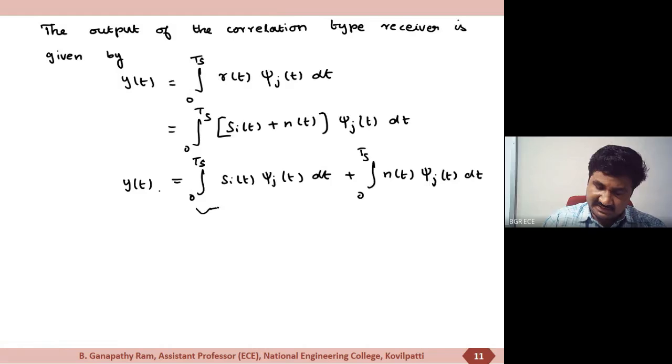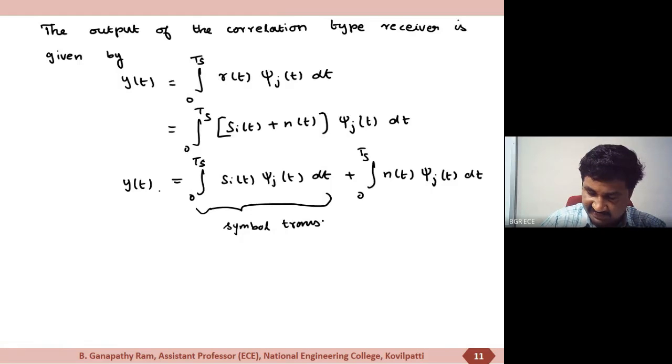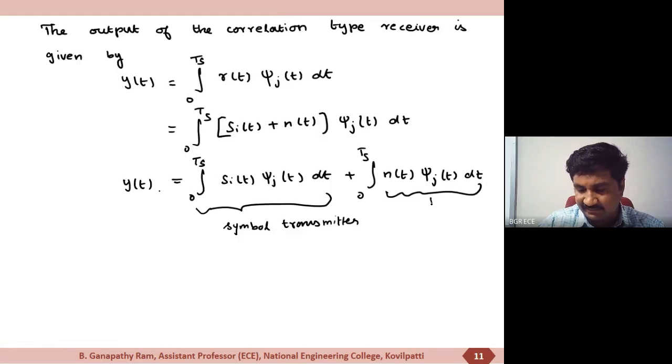The first term is the transmitted symbol term, which is transmitted by the transmitter, and the second term is the noise present at the receiver end.